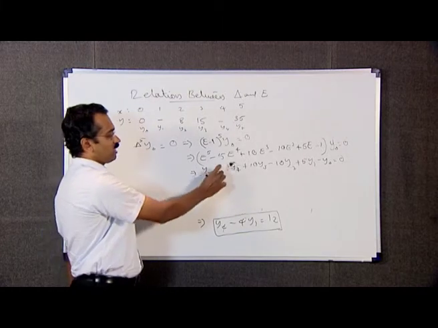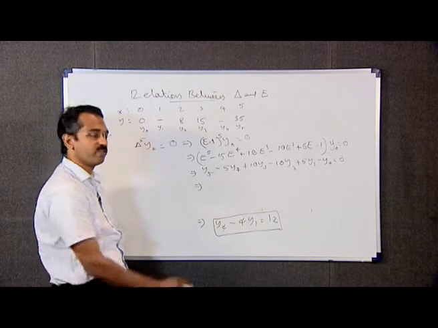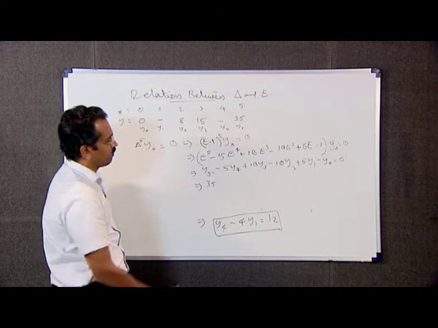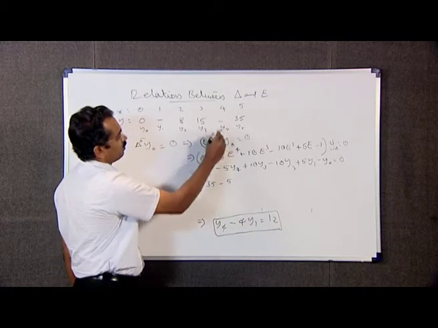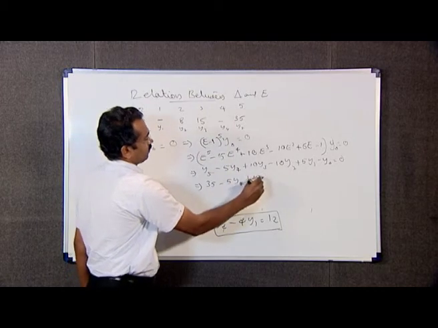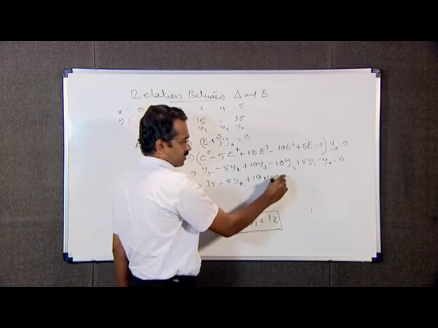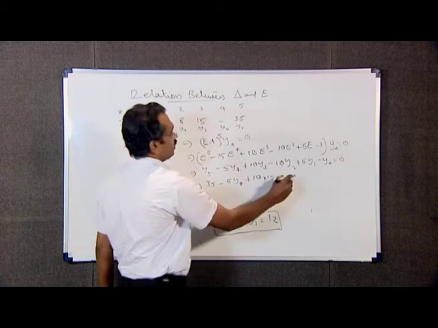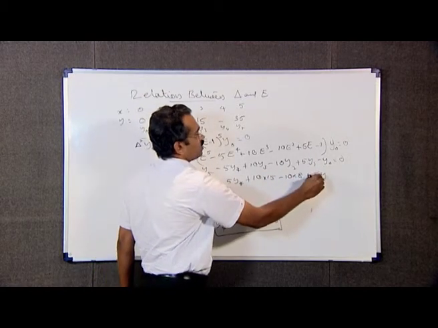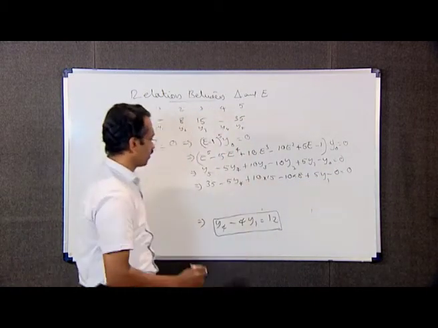Substituting the values of y, we get y5 is 35, minus 5 into y4, which is missing, plus 10 into y3, that is 10 into 15, minus 10 into y2, y2 is 8, plus 5 into y1, y1 is missing, minus y0, which is 0, equal to 0.